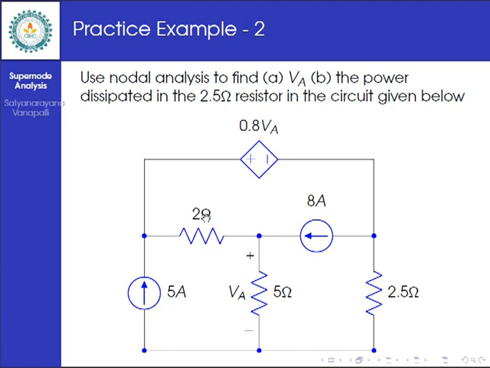That means you need to find out the voltage across the 5 ohm resistance, that is the node voltage of this node, and the current flowing through the 2 ohm resistance. Once you find out the current flowing through the 2 ohm resistance, then you can make use of the expression power dissipated in the resistance is equal to I square into R. With the help of that equation, you can find out the power dissipated by the 2 ohm resistance.